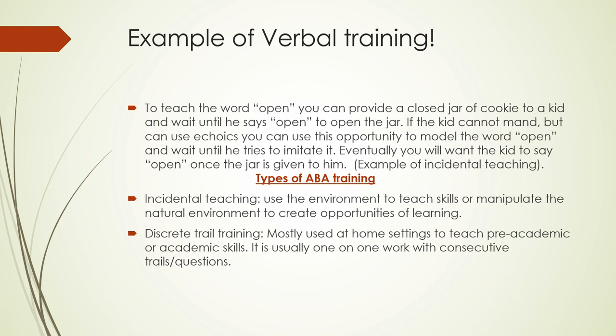And opportunities meaning things that could be inside but out of reach, so he would ask for it. Things like a closed jar. Maybe you can give a coloring book, but no crayons, so you can ask him what's missing. And then he could tell you crayons, or you start looking for it, and it depends again on the stage. If he's not able to say it, you can model it for him. If he's able to say it, you must ask him to say it, and then give him the crayons.